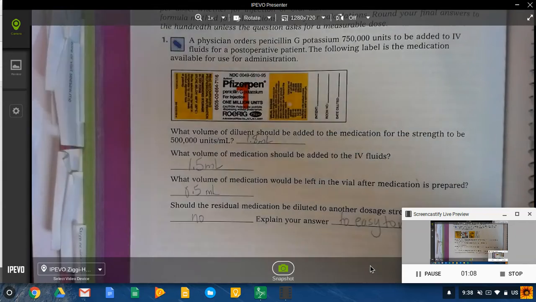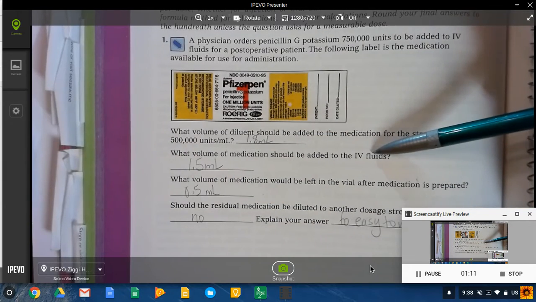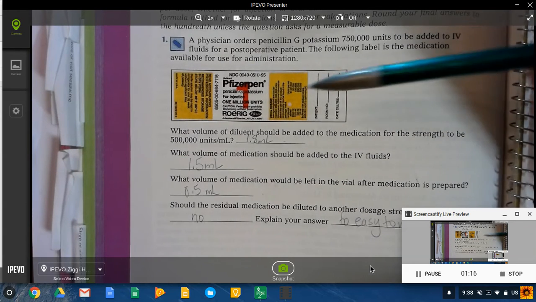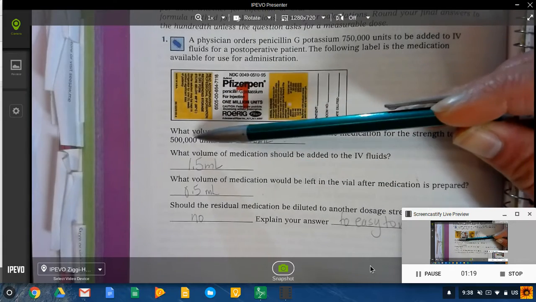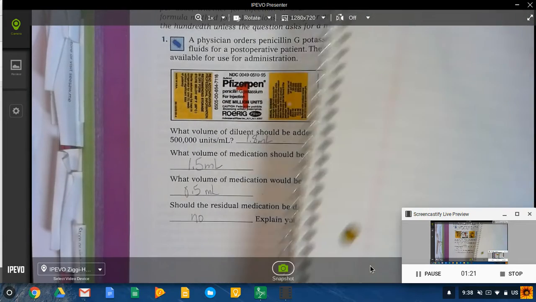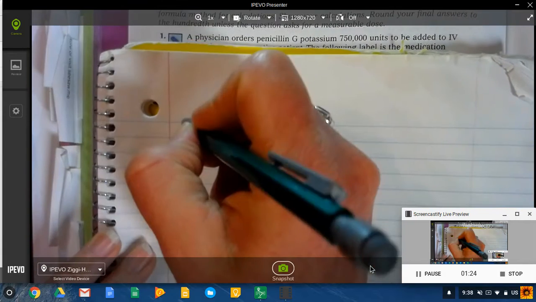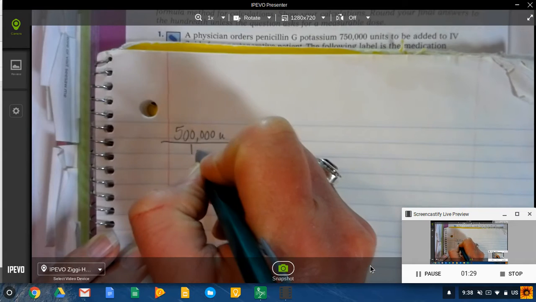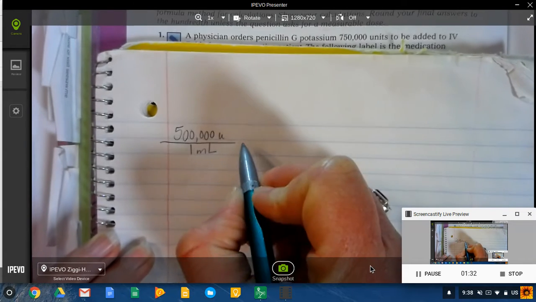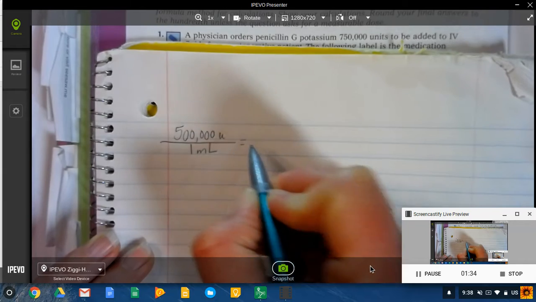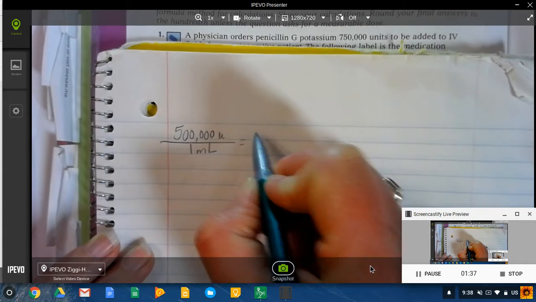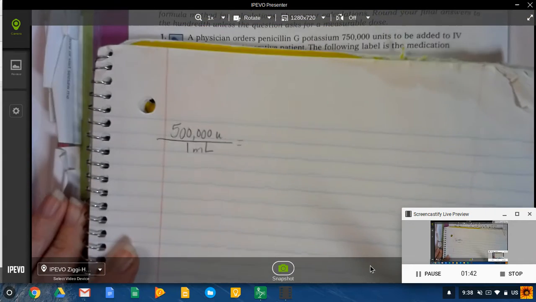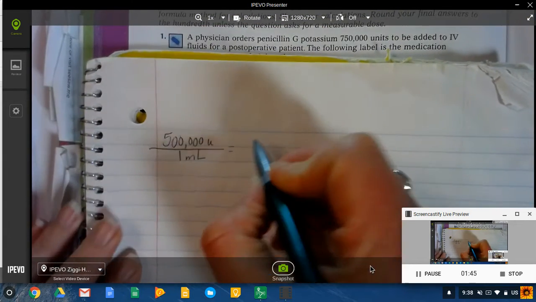In the second blank, it says what volume of medication should be added to the IV fluids. What you know is that you want 500,000 units per milliliter. So you would write that first. It's 500,000 units over 1 milliliter. That's what you have. But what you want is 750,000.